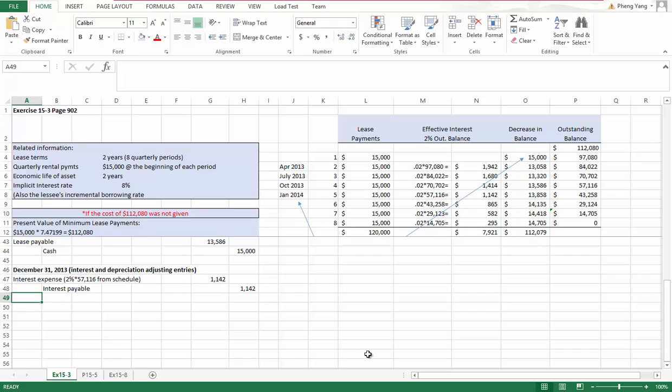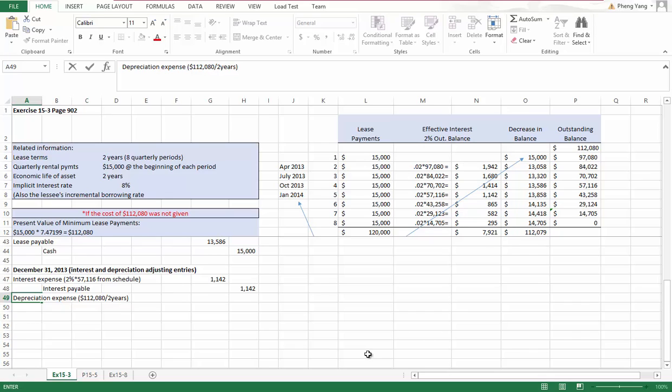My depreciation is going to consist of the $112,080 divided by 2 years. Let's assume that we only make adjusting entries once a year at the end of the fiscal year. This lease was acquired on the 1st of January, so it's for 2 years.